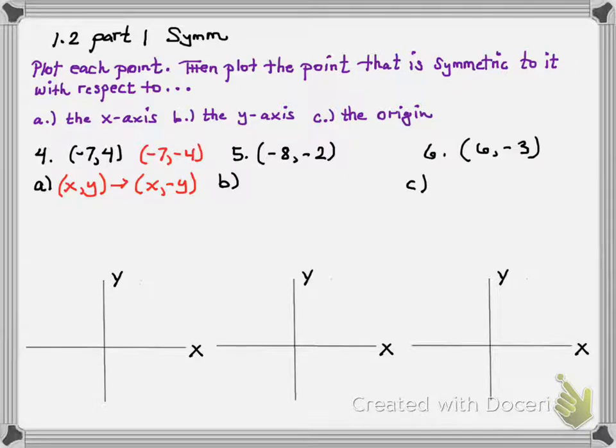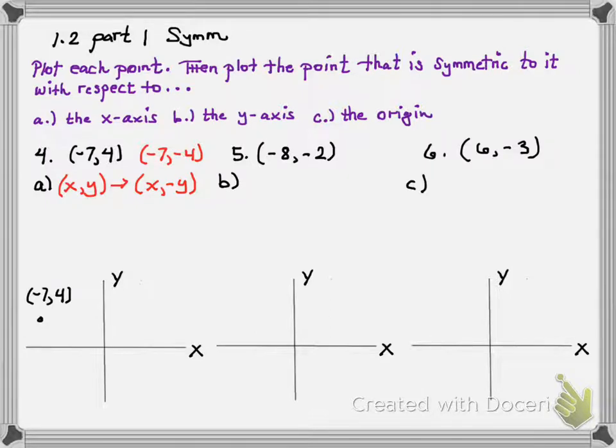Alright, so let's plot those 2 points, see what they look like. Negative 7, positive 4 is the original. That means we would move left 7 and up 4. Roughly something like this. Alright, left 7, up 4. I'm going to label it. And then our new point that's symmetric to it with respect to the x-axis would be negative 7, negative 4, which means we move left 7 again, but this time down 4.